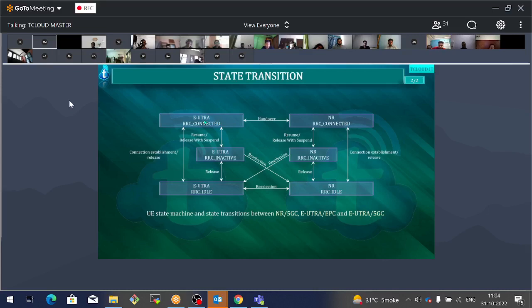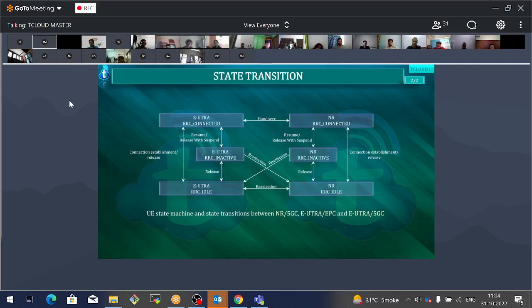If you report that to the network, the 5G network will coordinate with the 4G network and will hand over the mobile equipment from the NR cell to the UTRA cell. But once you have moved into the UTRA cell, you will continue to be in RRC connected state in UTRA, and this is not considered RRC connected in NR. It is considered RRC connected in UTRA. So your activity is going on in the 4G cell, not in the 5G cell.